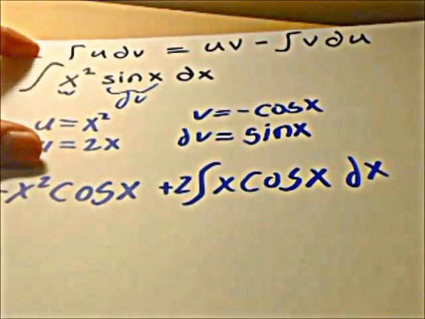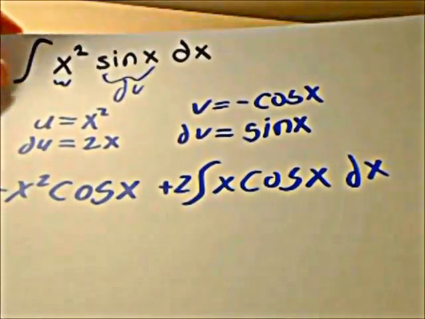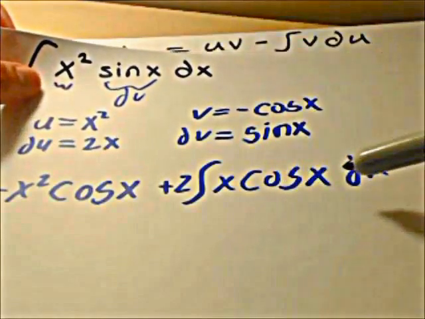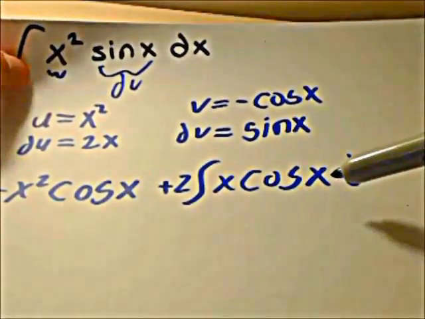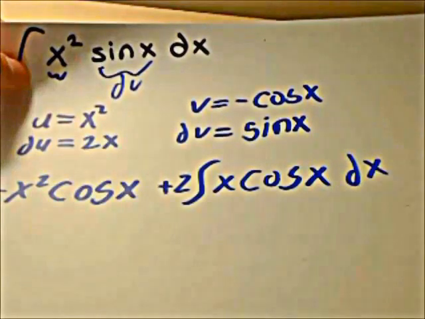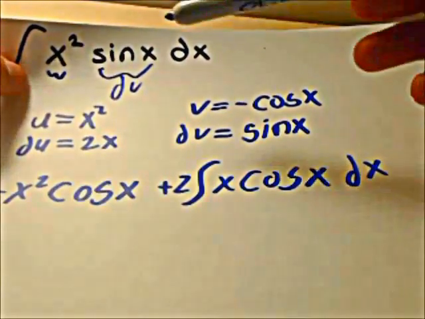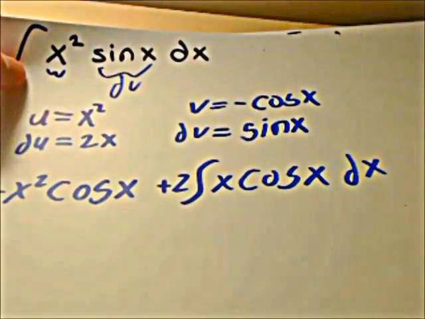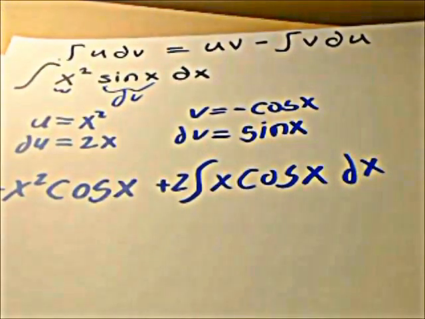But we can see that we've made progress, because x squared sine x looks more complicated than this version of it. We've got x to the power 2, but here only x to the power 1, so you can see that we made progress.